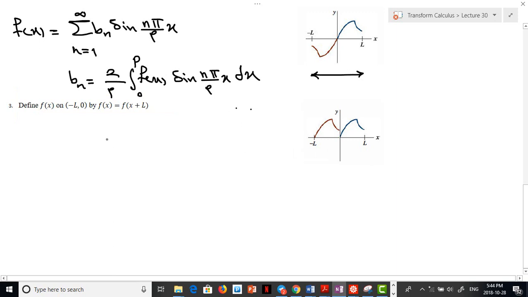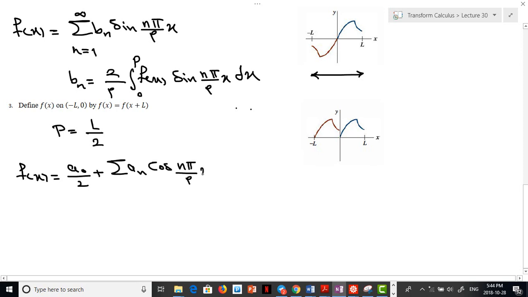So in this case, we assume that p is equal to L over 2, and f(x) is equal to a0 divided by 2 plus summation of an cosine n pi over p x plus summation of bn sine n pi over p x, where n is from 1 to infinity in both sums.